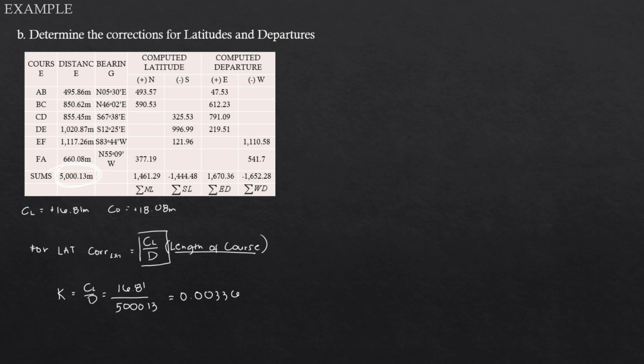Okay. So, kunin na natin yung correction ng each course. So, meron tayong correction sa course AB. Sabihin na lang natin K times length natin or distance, 495.86 meters, is equal to 1.67 meters.